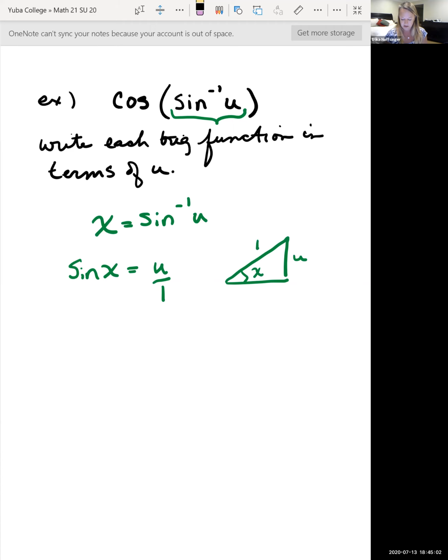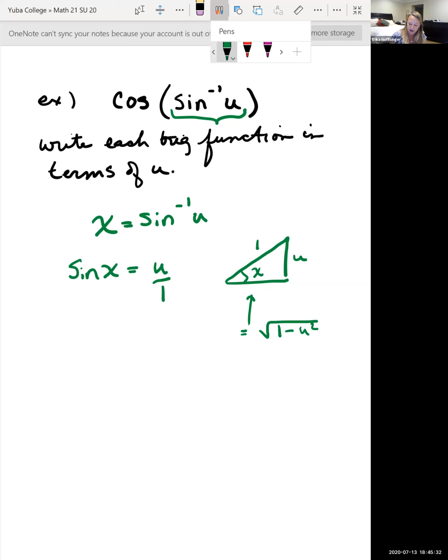So we have to figure out what this length is right here. This length is equal to the square root of the hypotenuse squared, which is 1 squared, minus this other leg squared, U squared. I cannot take the square root of both of those pieces and drop the radical because of this minus in between. So don't do that.